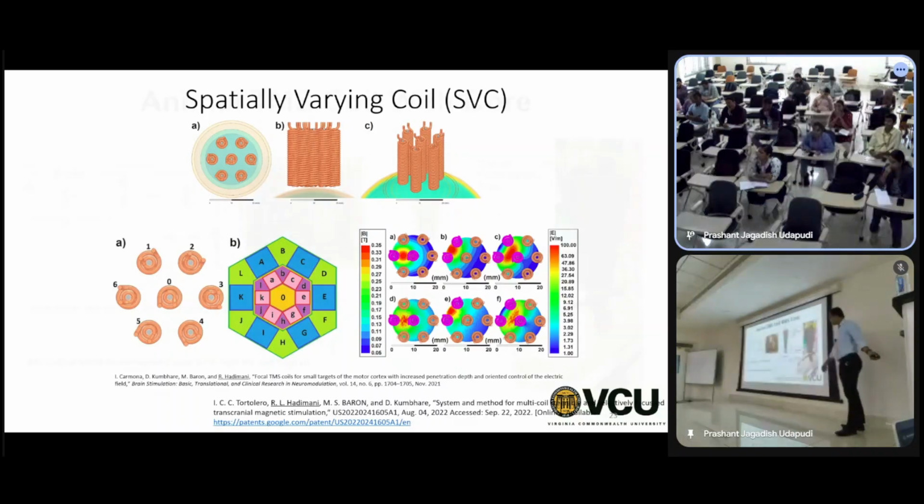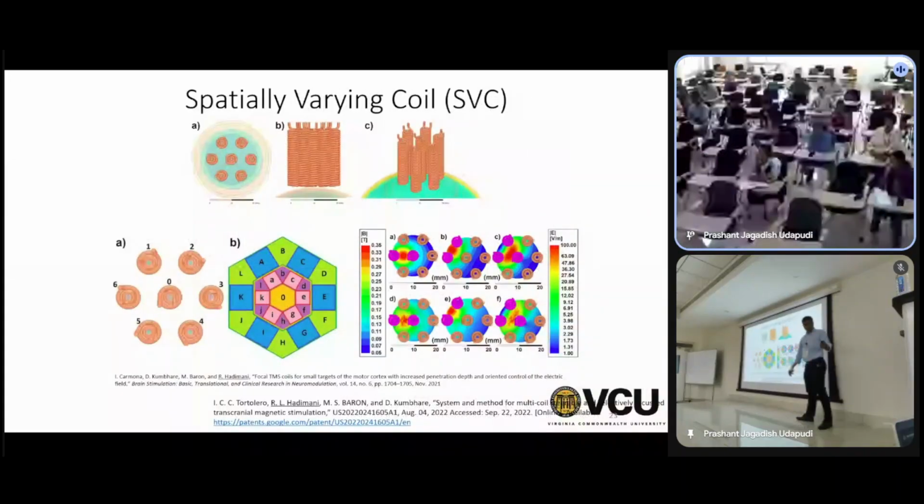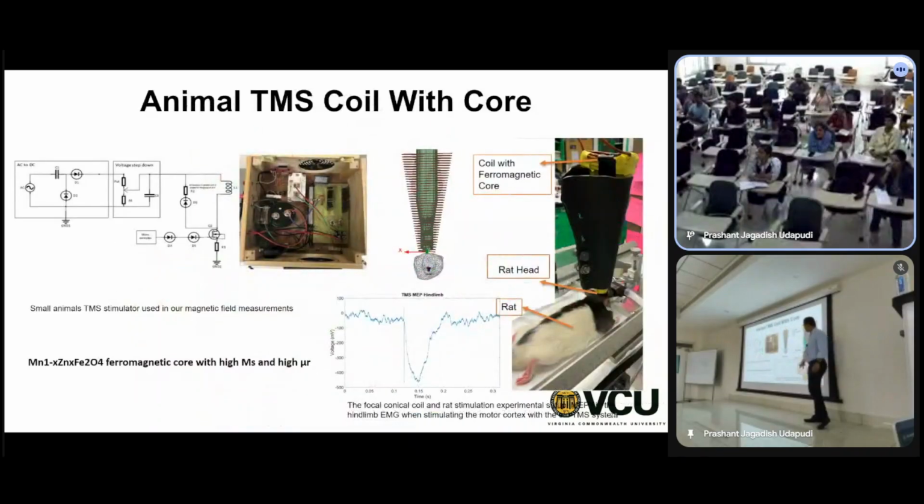But in order to test this, this is modeling work, we have to first make one coil and make sure we are able to focus the coil to one area and generate sufficient field to make the neurons fire in a small animal like a rat, okay? And we did that. We built our own stimulator.